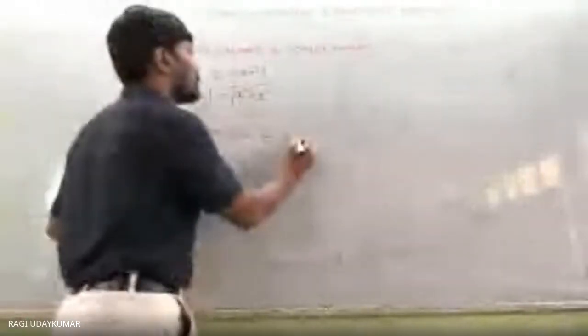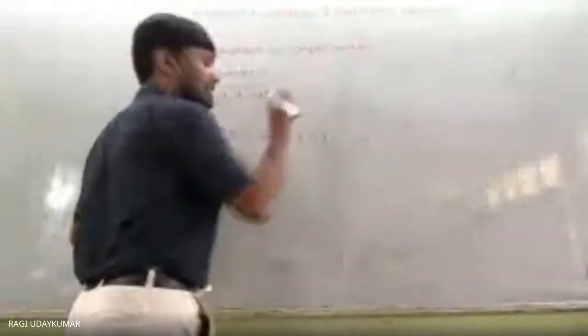And conjugate of z is denoted by z bar, which is equal to x minus iy.